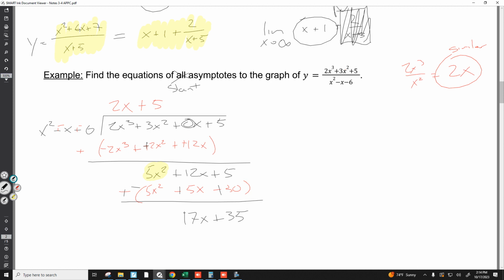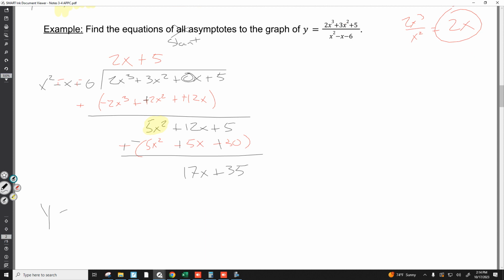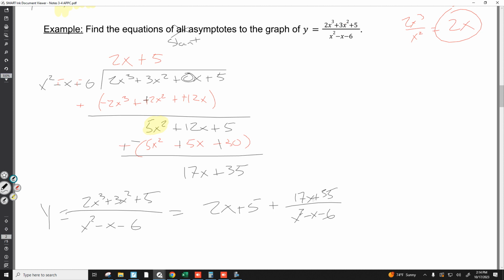Now, I don't know if I might have made a mistake. But here's what I'm going to go ahead and say. I think that 2x cubed plus 3x squared plus 5 divided by x squared minus x minus 6 is equivalent to 2x plus 5 plus (17x plus 35) over (x squared minus x minus 6). I think those are the same.